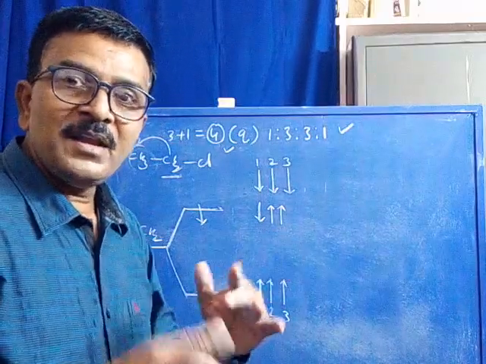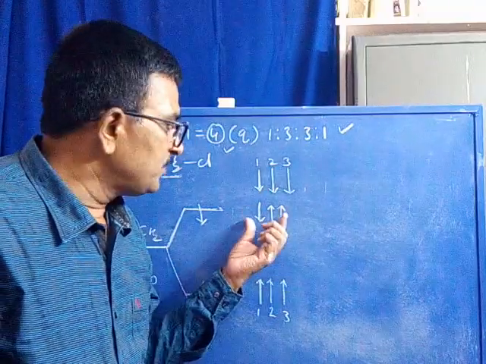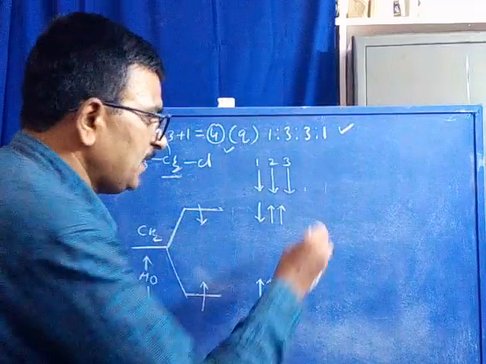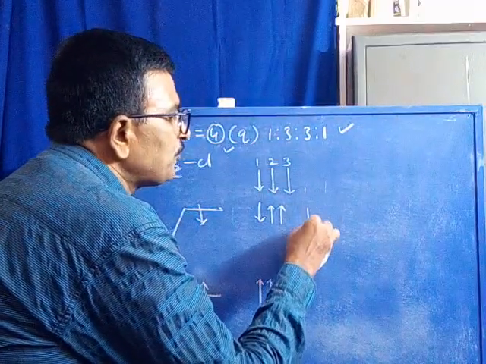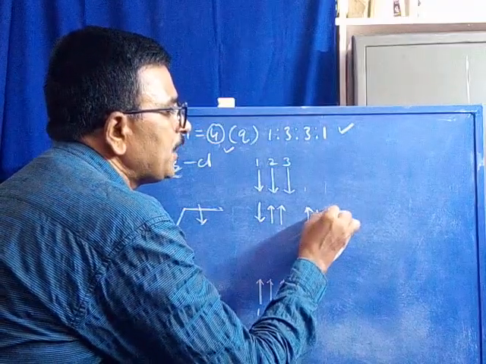So, what combination have we chosen? 1 parallel with 2 anti-parallel. This combination can be arranged in 3 ways.